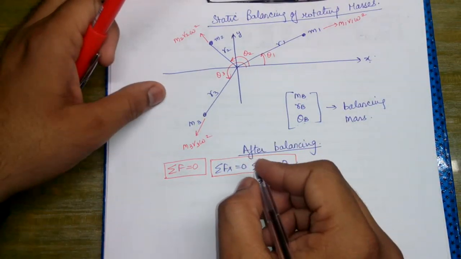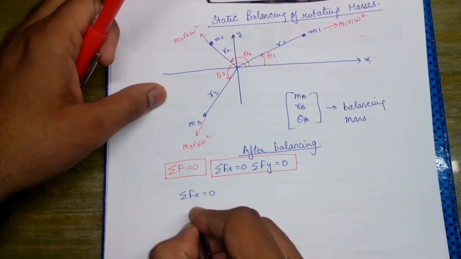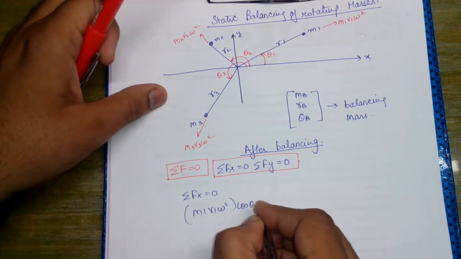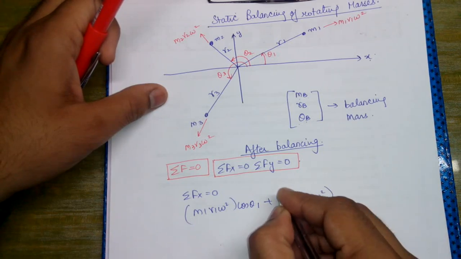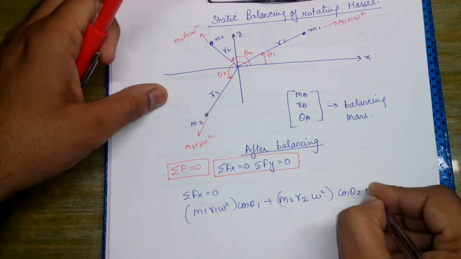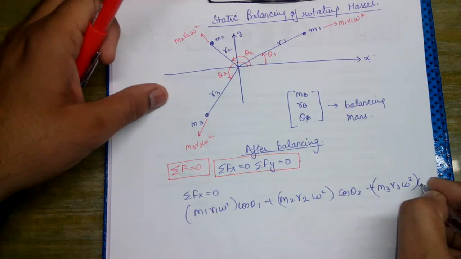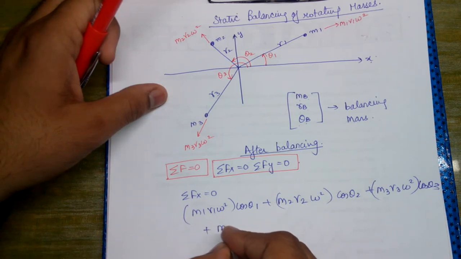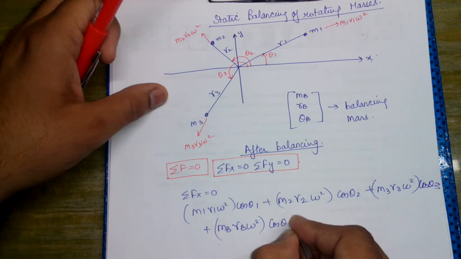So first, along the x direction, summation of Fx is equal to 0. We have m1 r1 omega square cos theta 1 plus m2 r2 omega square cos theta 2 plus m3 r3 omega square cos theta 3 plus mb rb omega square cos theta b.